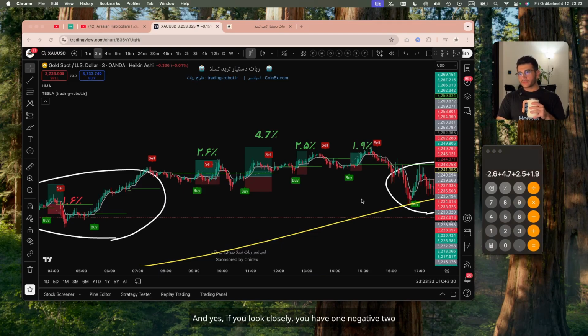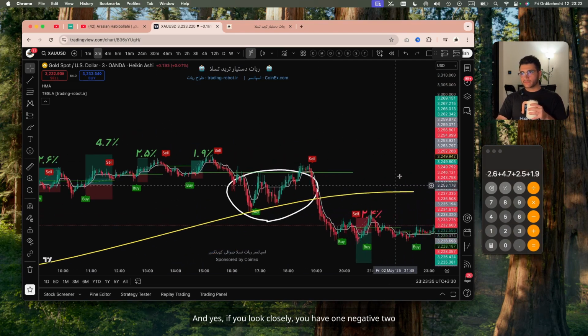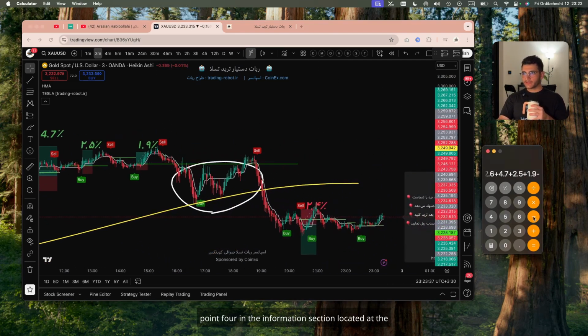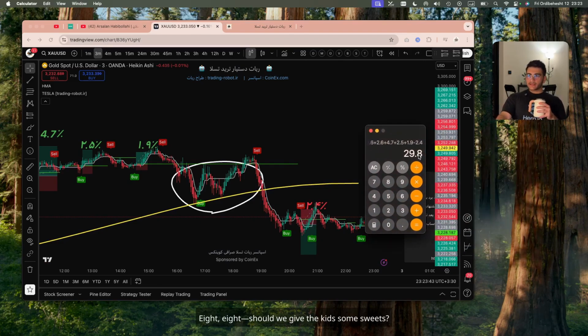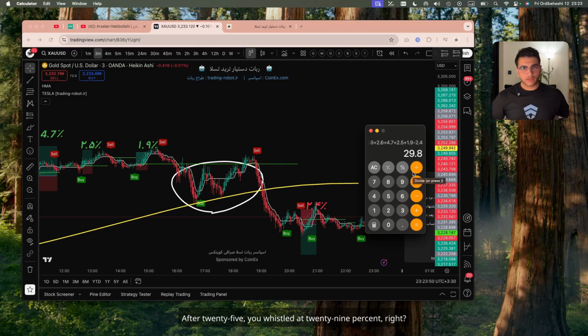And yes, if you look closely, you have a negative 2.4 in the information section at the bottom, right? 29 and 8. 4 and 8. After 25, you whistled at 29%, right? No, it was a 25% mistake, 25%.